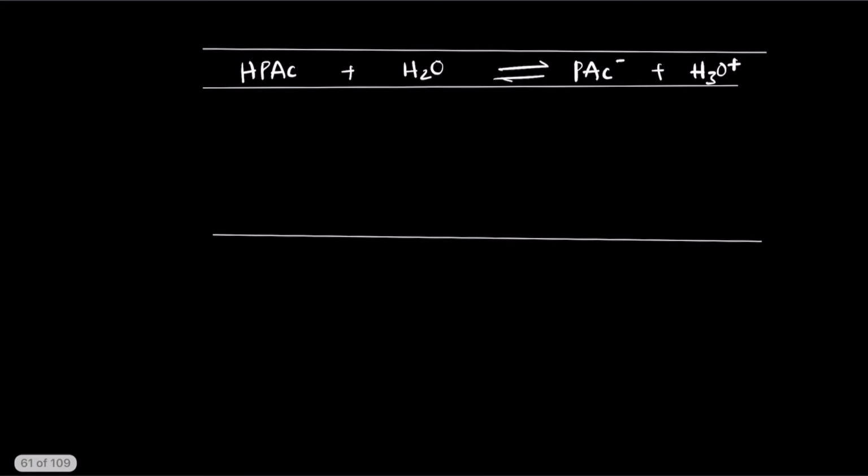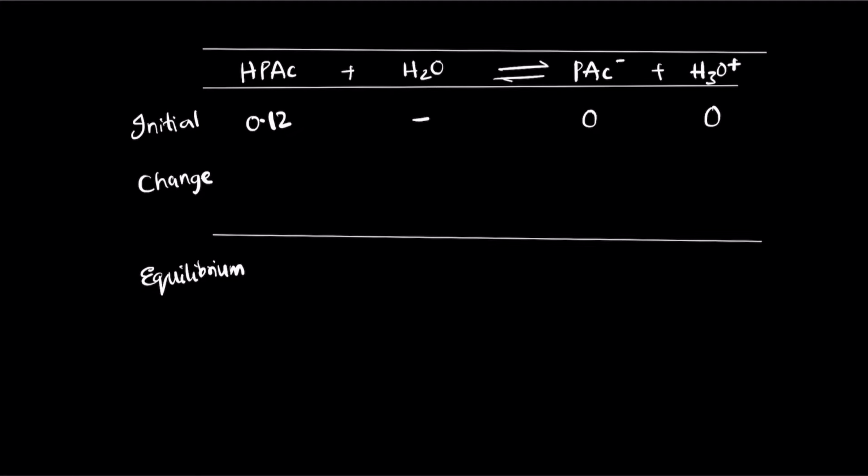Now, the idea here is there is an initial value, there is some change, and the final value, which is the equilibrium value. So initially HPAC has a concentration of 0.12 M, and H3O plus is not counted. So we consider these two to be 0 each.